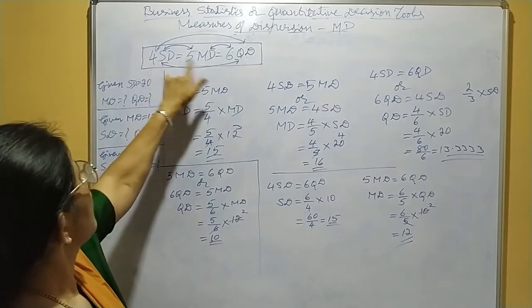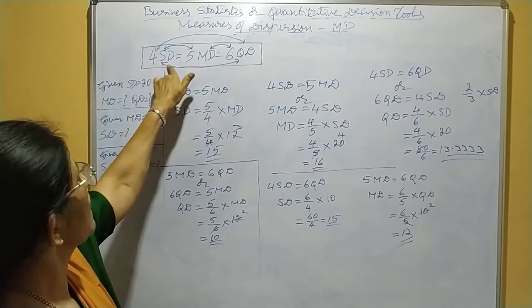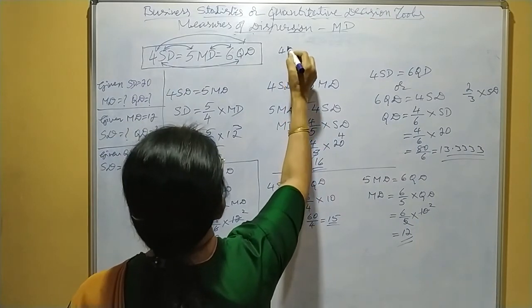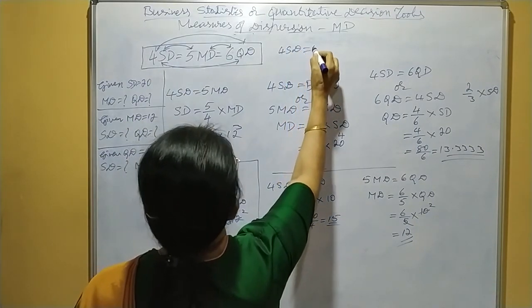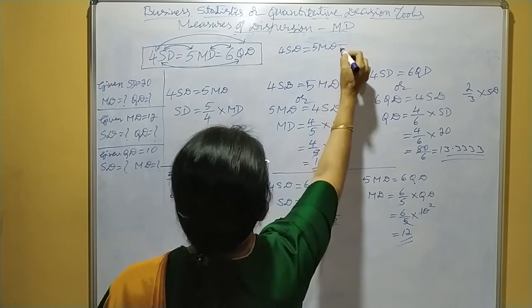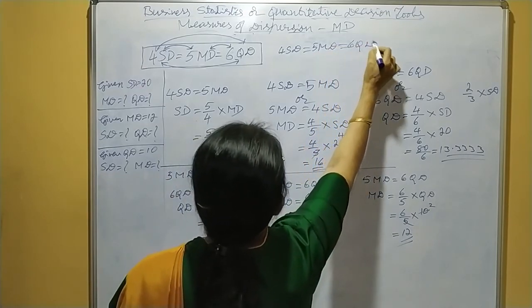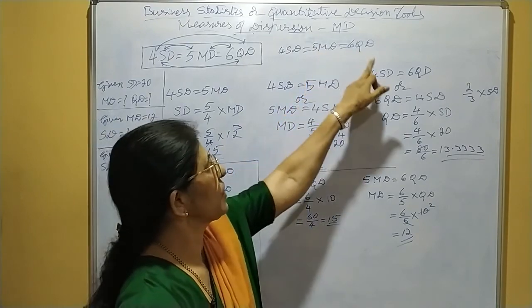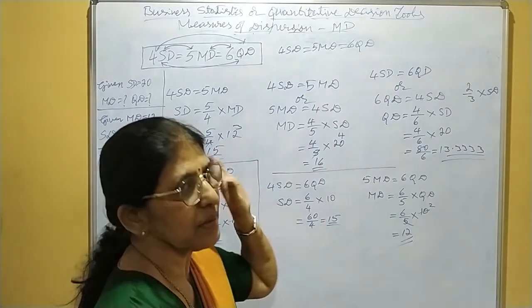Only thing is you have to keep in memory the relation between standard deviation, mean deviation and quartile deviation. That is 4SD equals 5MD equals 6QD. That's all.